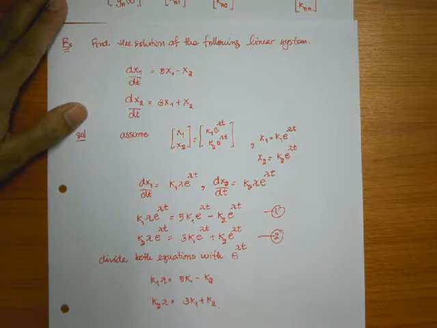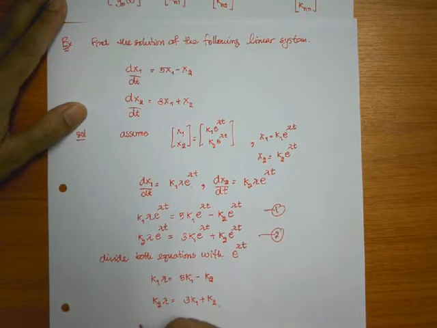By doing that we would get 5 minus lambda times k1 minus k2 equal to 0, and also 3 k1 plus 1 minus lambda times k2 is equal to 0.